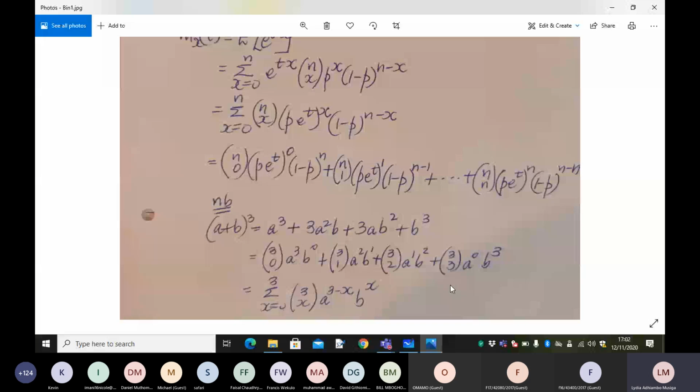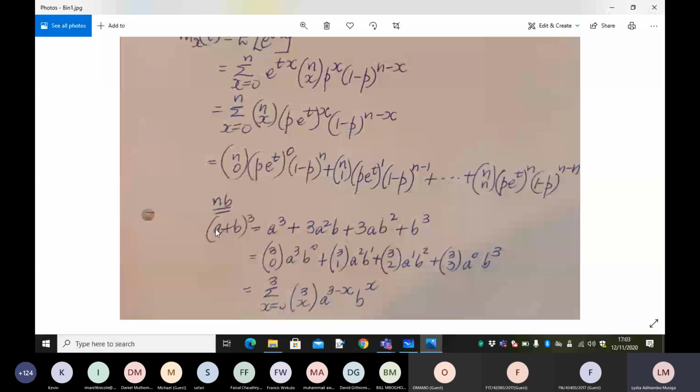If you look at the 3rd line and what we have in the last line, they are the same. So why am I comparing this? Because you see, if you look at the last line, we have a raised to 3 minus x.